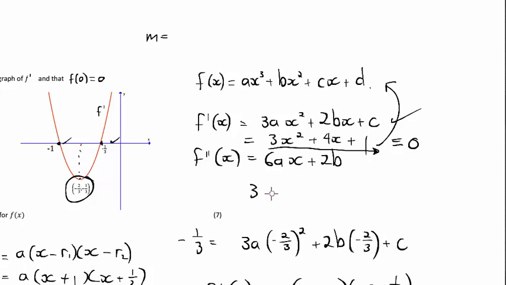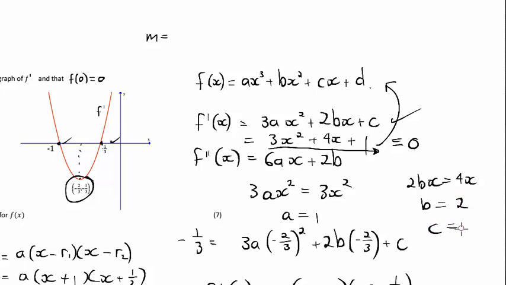Yes. So in other words, 3ax squared must be equal to 3x squared. So a is equal to what? 1, thank you. 2bx is equal to 4x. So b is equal to? C is equal to?